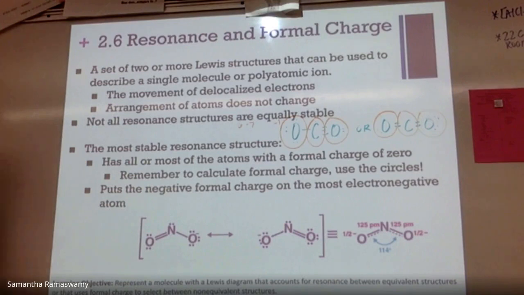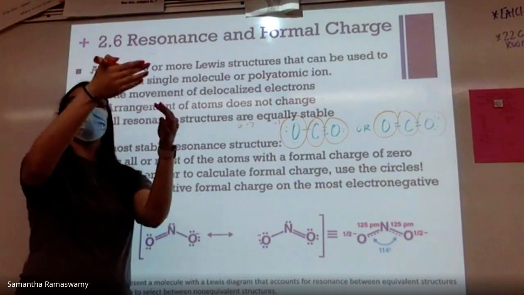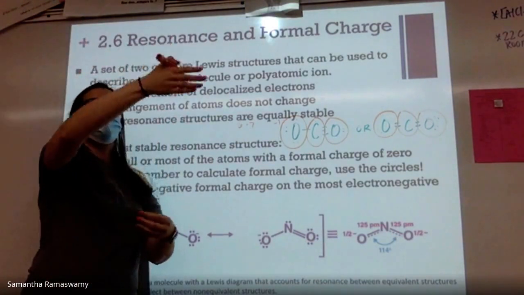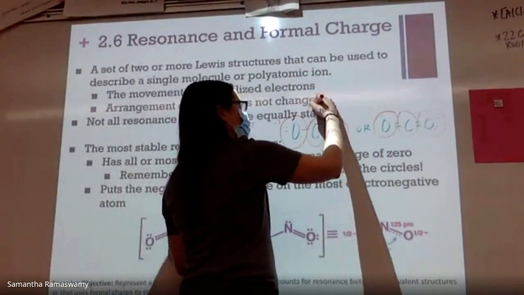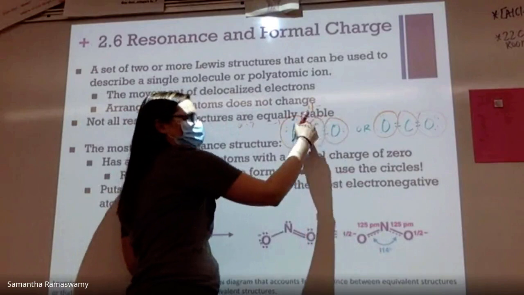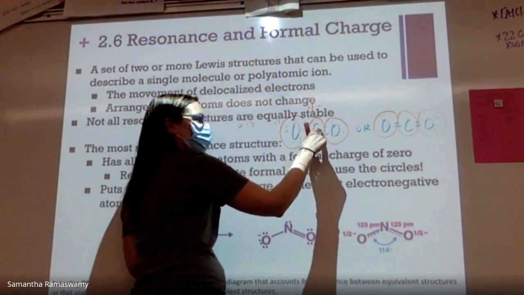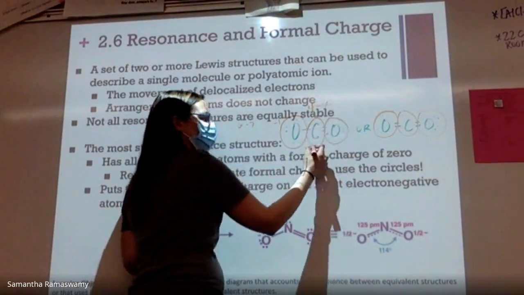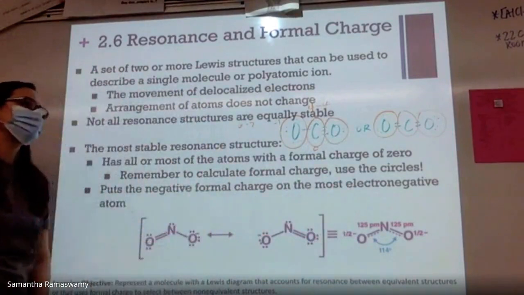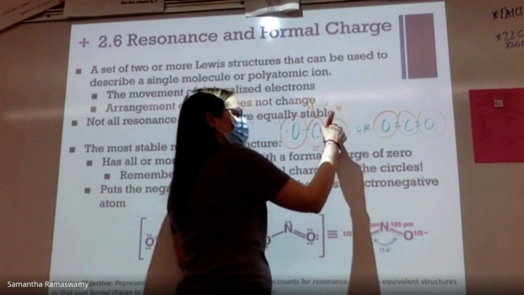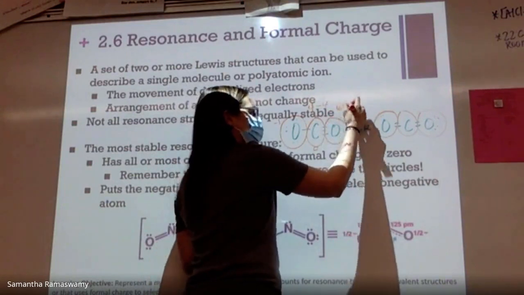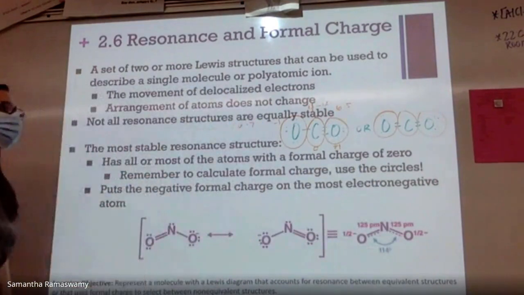-1. So this oxygen has a formal charge of -1. Carbon has 4 valence electrons. Again, look at its location on the periodic table. 1, 2, skip the transition, 3, 4. Count the electrons in the circle. 1, 2, 3, 4. This carbon has a formal charge of 0. 1, 2, 3, 4, 5. This oxygen is +1.